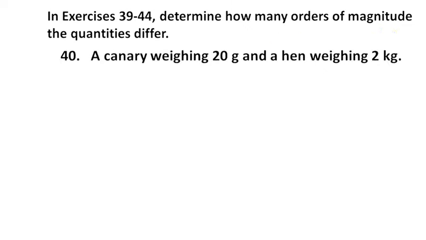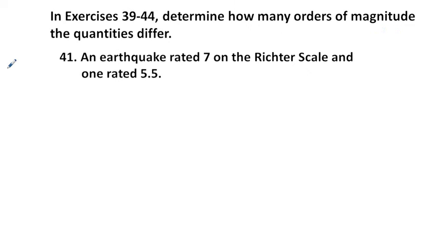Next on our problem is problem 41. In exercises 39 to 44, determine how many orders of magnitude. An earthquake rated 7 on a Richter scale and one rated 5.5. We have to have an understanding here that a Richter scale is a logarithmic scale. And so our order of magnitude is going to be determined by taking the Richter scale measure of 7 and subtracting from it 5.5 to get 1.5.